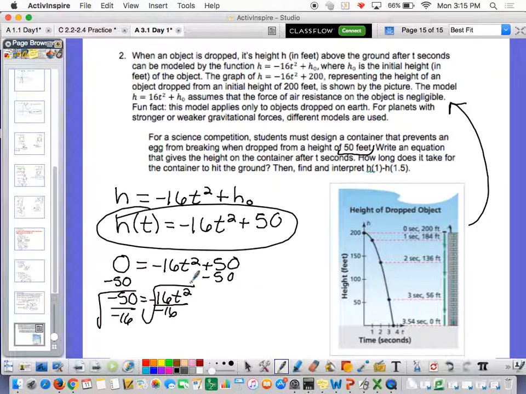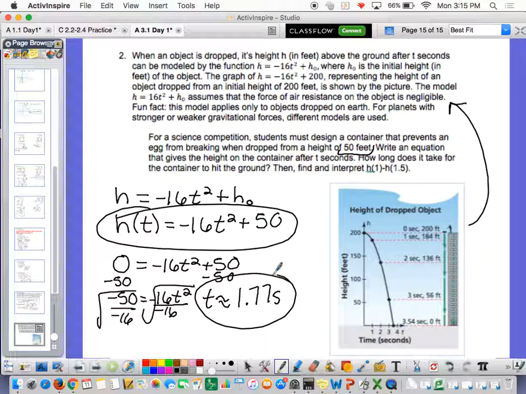You might think you get 2 answers, one possibly negative, but that's a lie. When you square root, you're only going to get 1. You're going to get about 1.77 seconds. If you round to 1.8 or 2, I prefer you not round to 2, but 1.77 is probably okay. So if you drop something from 50 feet, it's going to take about 1.77 seconds to hit the ground.